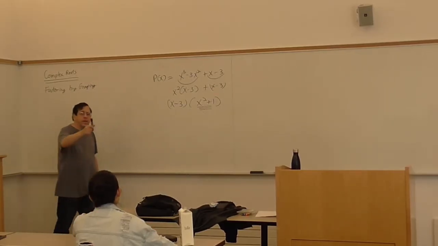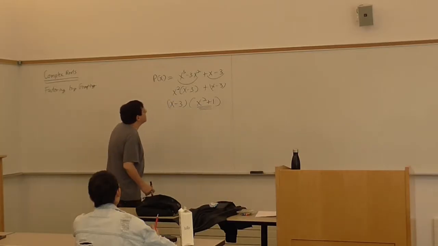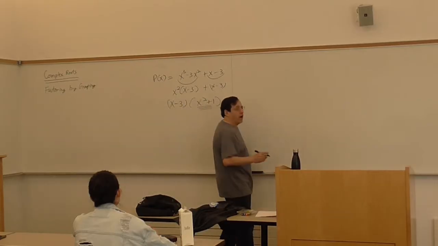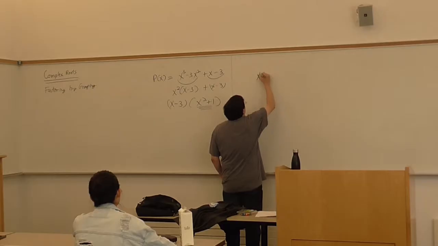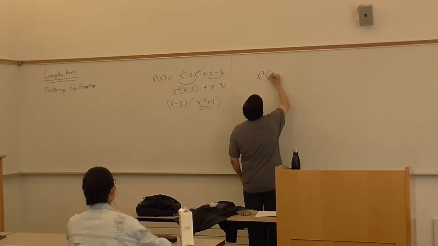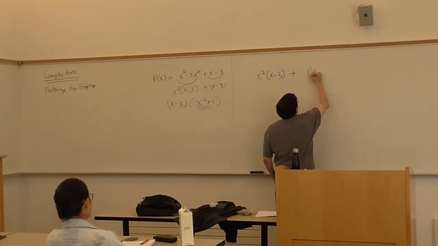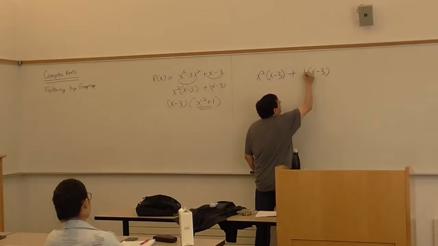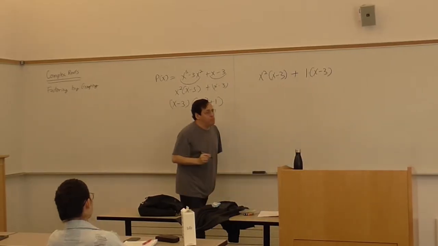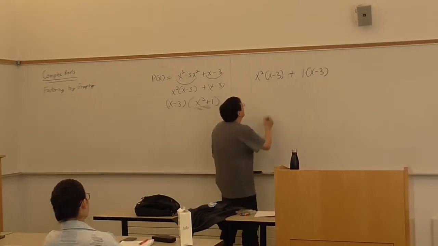irreducible. Yes? Can you explain where the 1 came from in the x squared plus 1? Sure. I'm going to try to do it visually, okay? Right, I can always multiply something by 1.